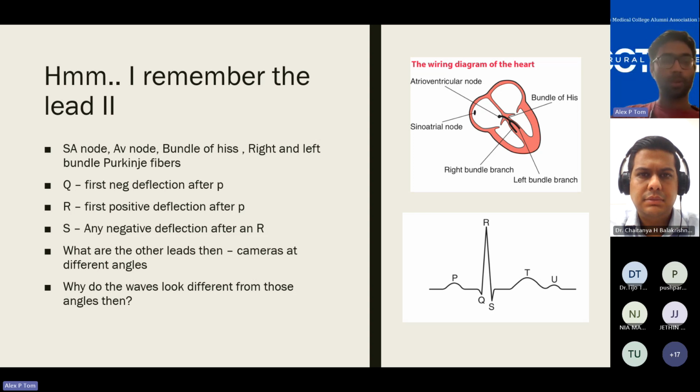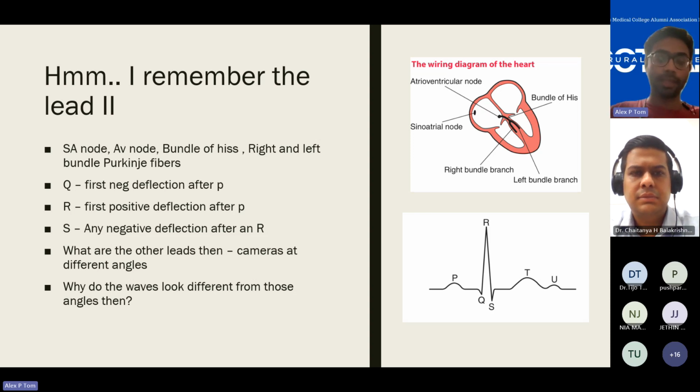A Q wave is the first negative deflection after P, R is the first positive deflection after P, and S is any negative deflection after an R wave. That is the basic definition of these waves. Sometimes you may or may not see a Q wave in an ECG.